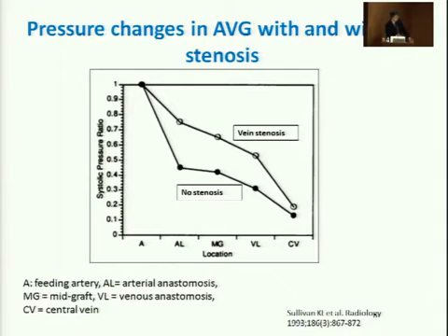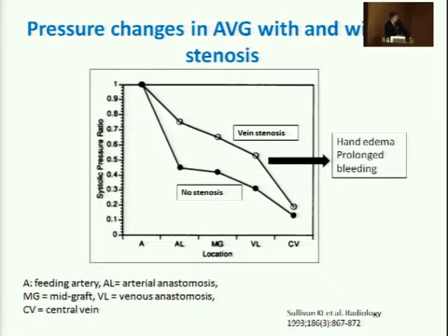Nevertheless, if a stenosis developed in the venous anastomosis or close to it, then the curve was up, and of course it nicely explains why the patient could have hand edema, prolonged bleeding, and all these things.